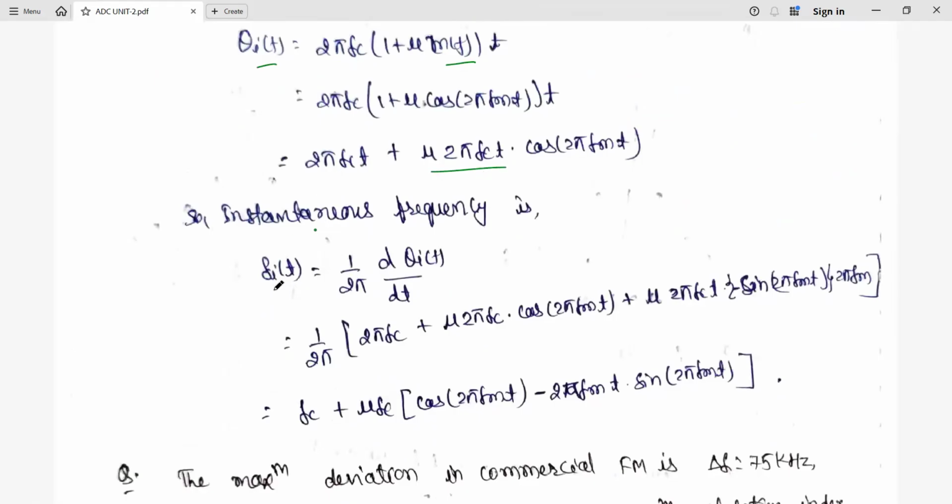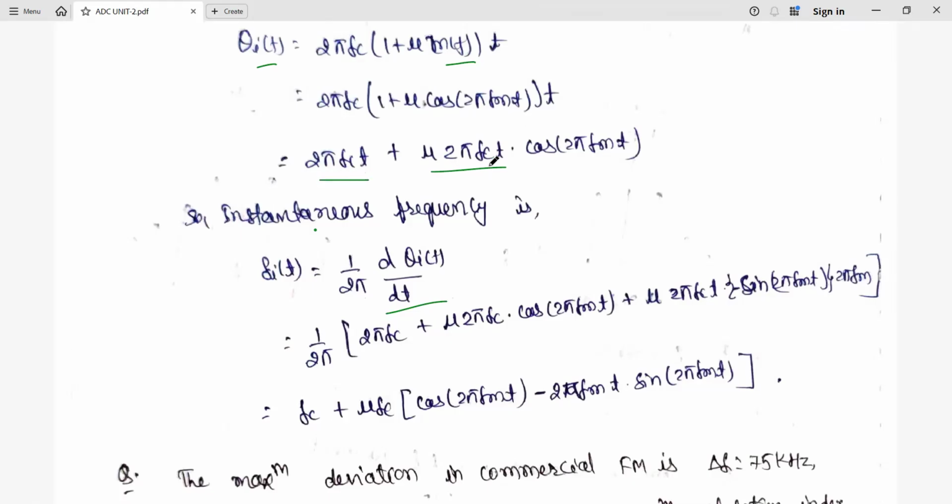Now we are trying to find the instantaneous frequency. Already you have seen how we obtained it earlier, in the same way here. Here theta i of t is given, so we have to differentiate theta i of t with respect to time and divide by 2 pi. So finally, 2 pi fc t differentiation is 2 pi fc.